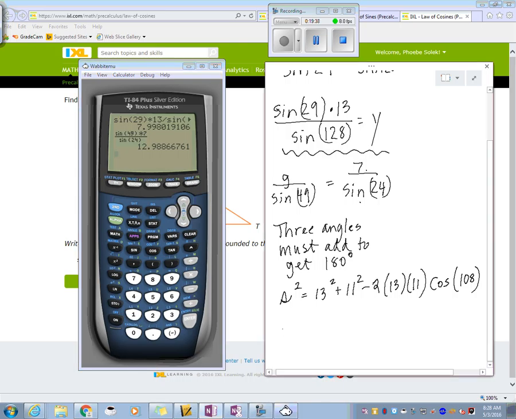And a length is only going to be positive, so I don't need to worry about plus or minus, because this is a length. When I take the square root aside, you know I have to have plus and minus, but a length will only be positive. So this is actually what I'm going to put into my calculator.